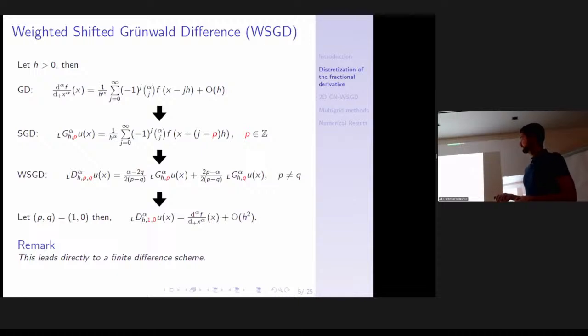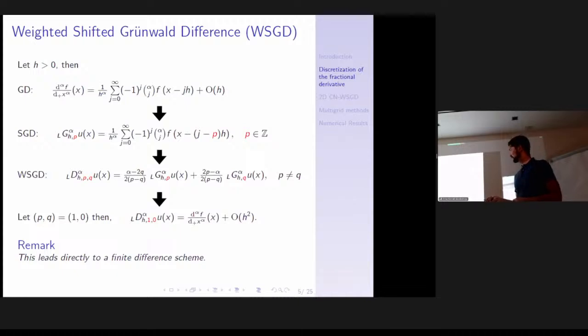We use the Grünwald difference to define the fractional derivative, but we wanted to build a second order scheme. Since the Grünwald difference is a first order approximation, we had to introduce the shifted Grünwald difference, which is just the same thing as before with a shifting parameter.